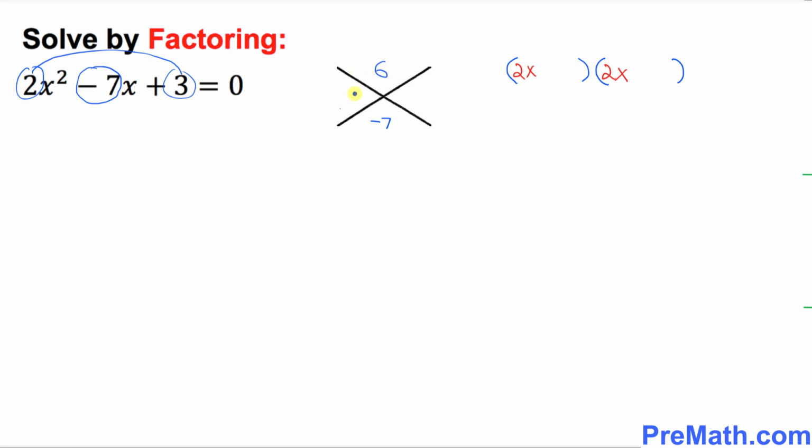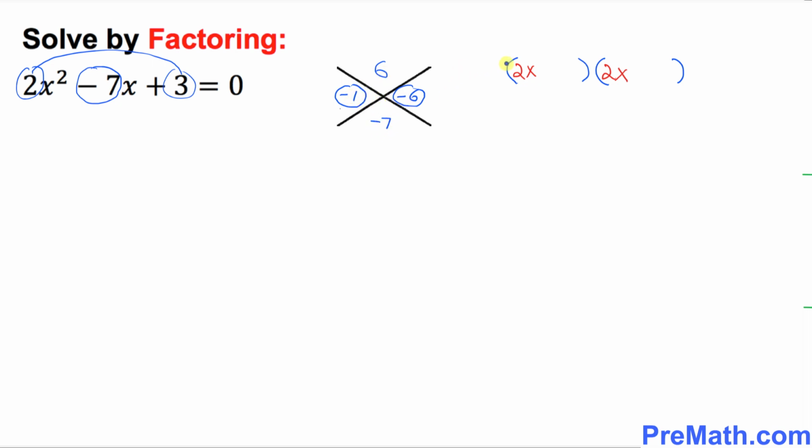That is obviously 1 times 6 is 6, and if you add them, that's going to give you 7. The only thing is we need to fix the sign, so the signs are going to be negative and negative. So we got -1 and -6. These are our two factors. If you multiply them, you're going to get 6, and if you add them, you're going to get 7.